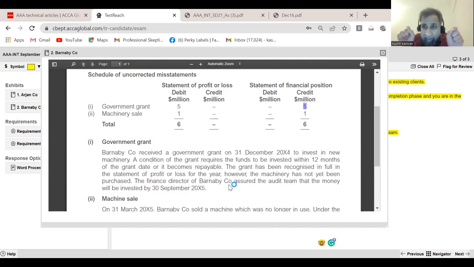But can we recognize the income on 31st of March when you have not incurred any cost on the machinery? Can we recognize the income in full? No. So the director is saying, I will invest in future. Whenever you will invest, you can recognize the income. But can you recognize the income currently? It's a wrong accounting treatment.